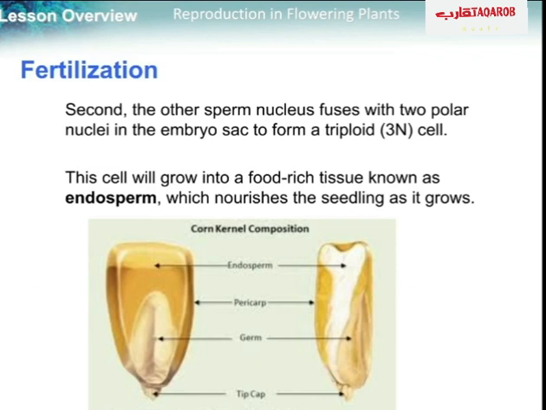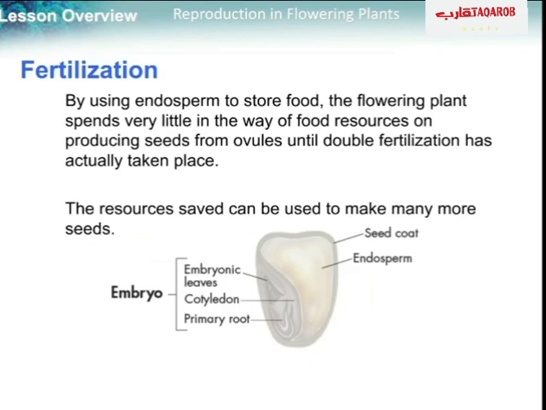Second, the other sperm nucleus fuses with two polar nuclei in the embryo sac to form a triploid cell, 3N, and this cell will grow into a food-rich tissue known as endosperm, which nourishes the seedling as it grows.